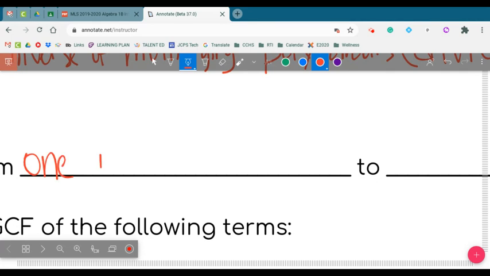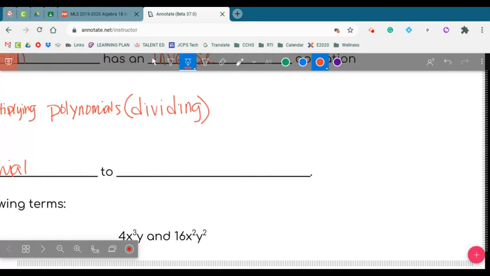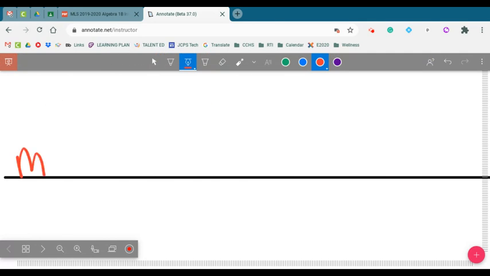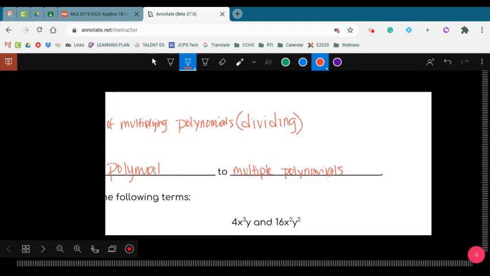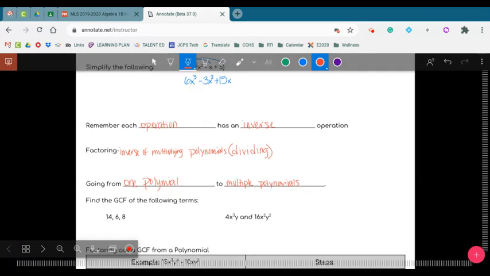So we're going from one polynomial to multiple polynomials. Okay, so now let's get into it and how we factor out our GCF.